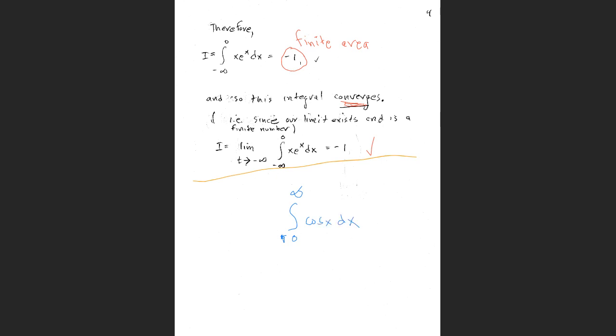Because of the cosine wave, you can get an antiderivative, but in the limit, it's never going to settle down to a number. But that's just an example.